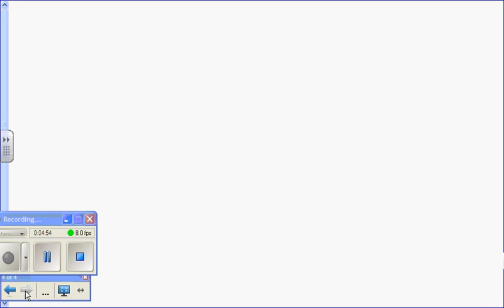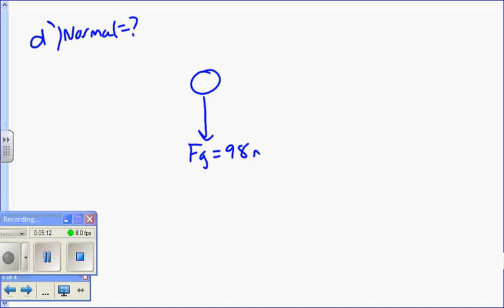Part D asks us to find the normal force. So recalling the free body diagram, in the up and down direction, we've got FG down, which is 98 newtons.